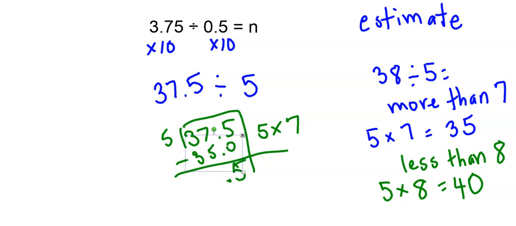So that's 2 wholes and 5/10. 2 and 5/10. So what would I multiply to get 2 and 5/10? I know that 5 times 5 is 25. So 5 times 5/10 is 2 and 5/10.